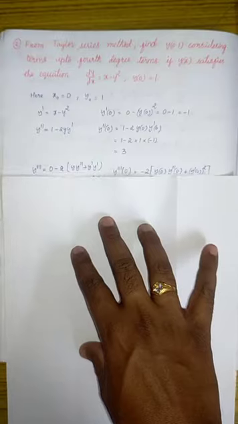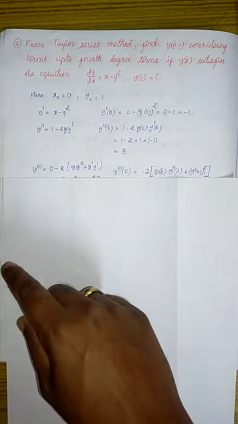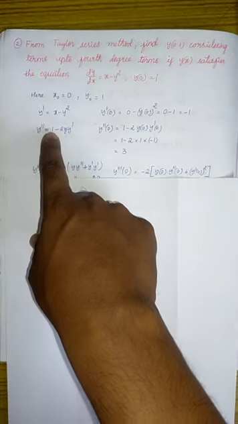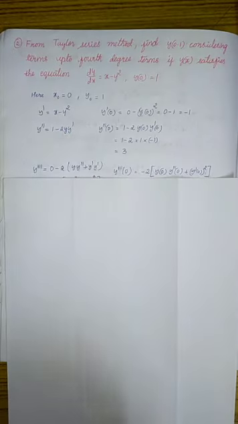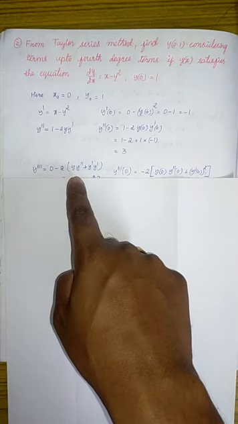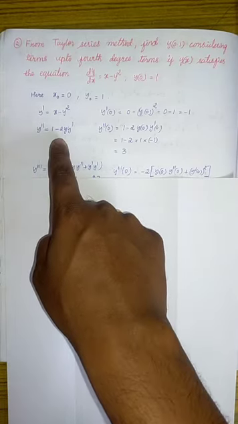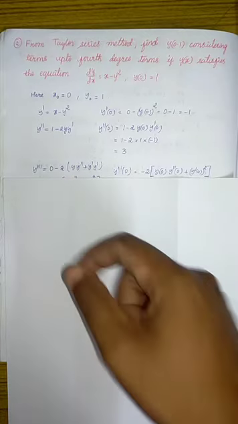Now let us calculate y triple dash. To calculate y triple dash, let us differentiate y double dash with respect to x. The differentiation of 1 with respect to x is 0, minus 2 is constant, so we have y into y dash. Let us make use of the product rule: first function y into the differentiation of y dash, which is y double dash, plus second function y dash into the differentiation of first function y, which is y dash.